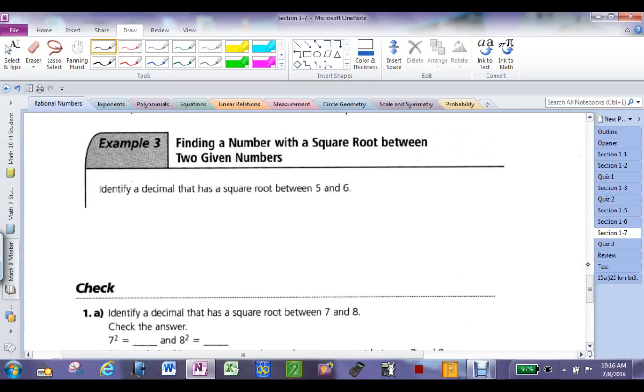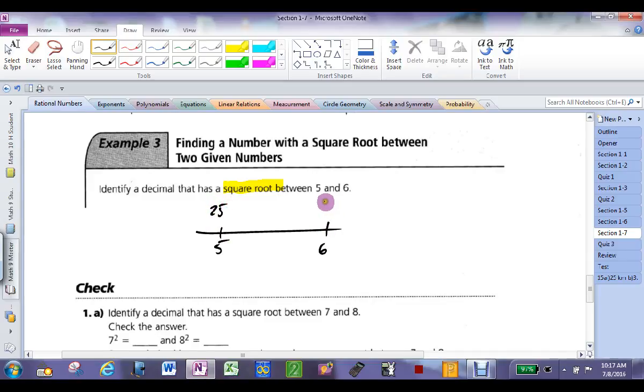Can you work the other way? Because it's the same thing, isn't it? What do I have? Read the question. Identify a decimal that has a square root between 5 and 6. So what do I have? Is 5 the square or the root? It's the root. So I've got 5 and I've got 6, yeah? What is 5 squared? 25.